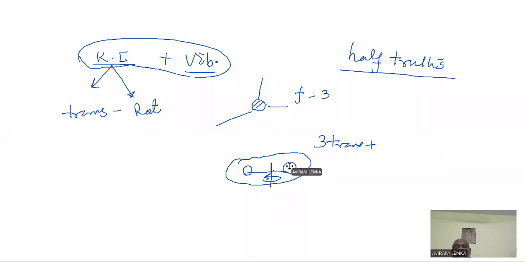So this diatomic molecule, as a whole, has got 3 translational kinetic energies plus 2 rotational kinetic energies plus vibrational kinetic energy.